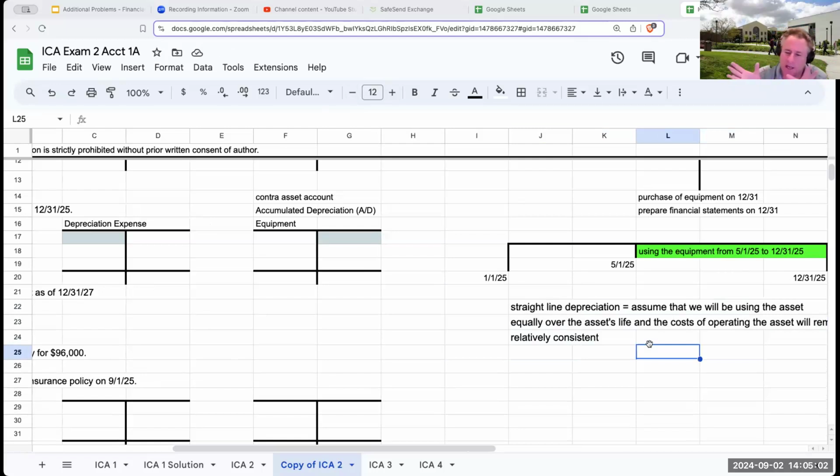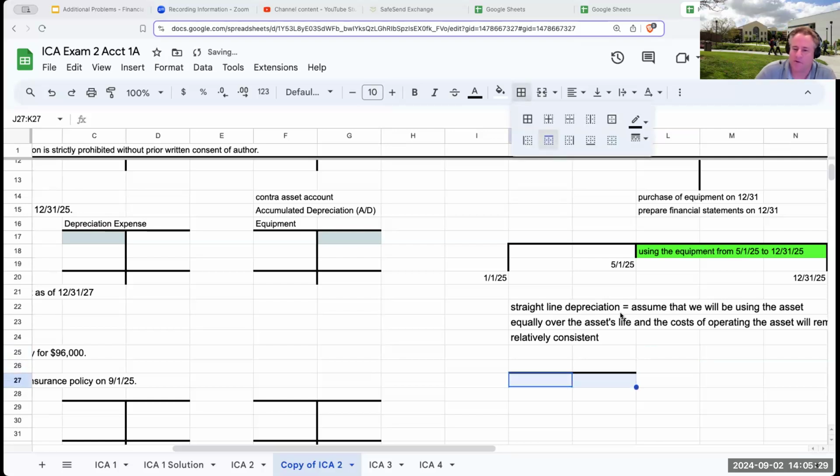But for right now, we're assuming that we're going to be using this asset equally over the asset's life, using it evenly, and that the cost of operating the asset will remain relatively consistent, which basically means I'm going to be taking the same amount of depreciation every month or whatever, however we're going to do it. So how do we calculate straight line depreciation?